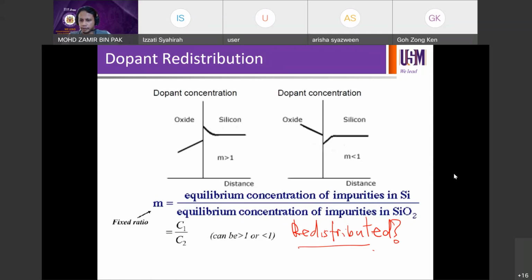Okay, for equilibrium, all right. But what drives them to be redistributed? Why is there redistribution in the first place? What is the driving factor during oxidation? Any guess?